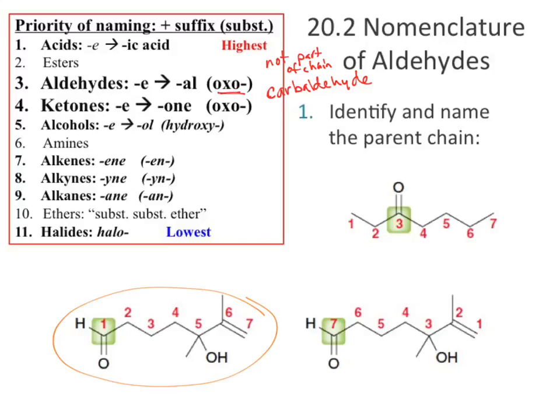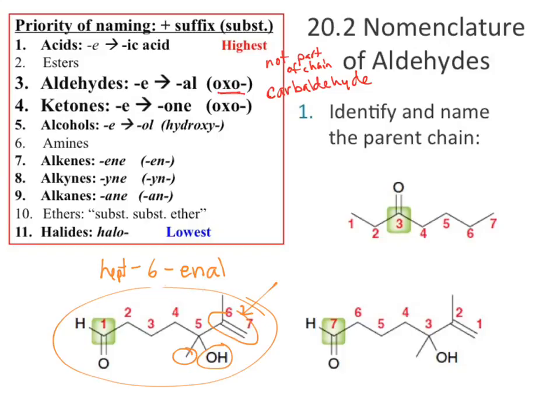It's this guy. So we could call this structure, based on the 7 carbons, heptanal. What substituents do we have? Whoops, I did that one wrong. Why is heptanal wrong? Heptenal, because we have the double bond. We're then going to have to specify where that ene was.